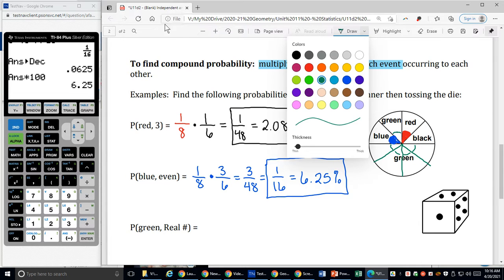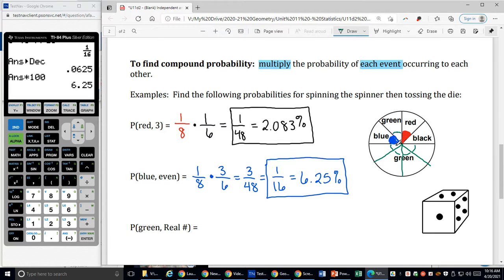For green, there are 1, 2, 3, 4, 5 green places. And then I wrote 3.5 green sections on that wheel out of 8 total sections. A real number is anything that's not like an imaginary number.